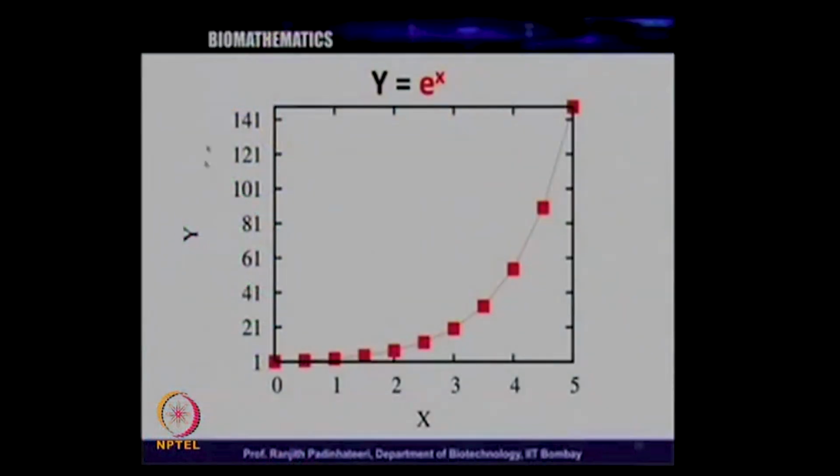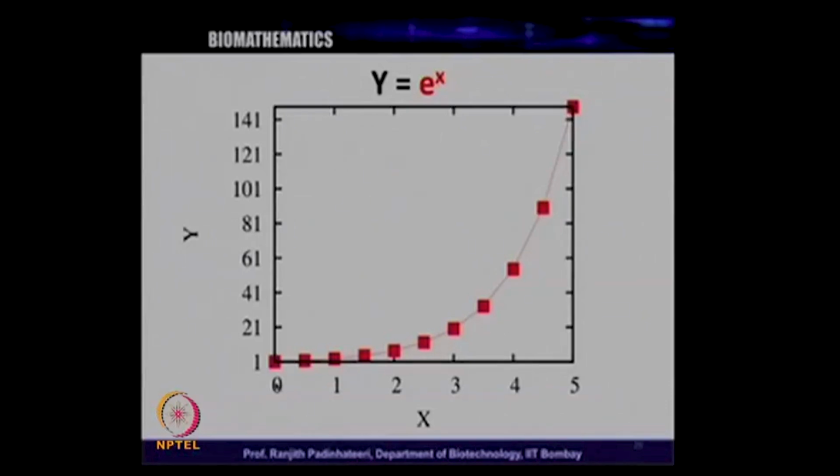Here we have plotted e power x on the y axis and x on the x axis. As we did previously, we can make a table with x in one column and e power x in the other column, and you can plot these points and connect them together. That is what we have done here. Each point represents some pair of values.